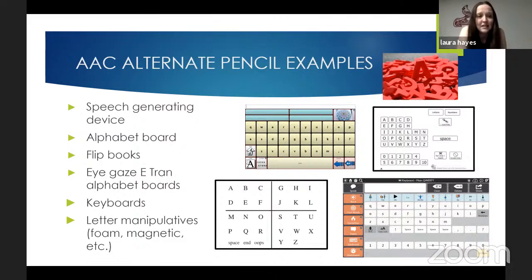There's iGaze and eTran alphabet boards. You can see an example here at the bottom. That's a quadrant board for iGaze that's used for communication partners so that they can spell, like I mentioned earlier, keyboards, and then just letter manipulatives.